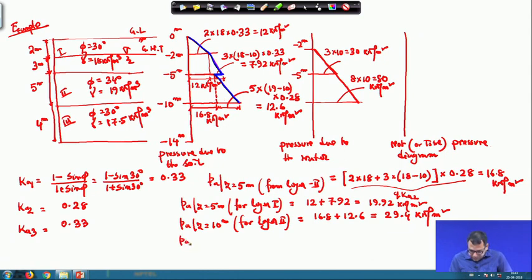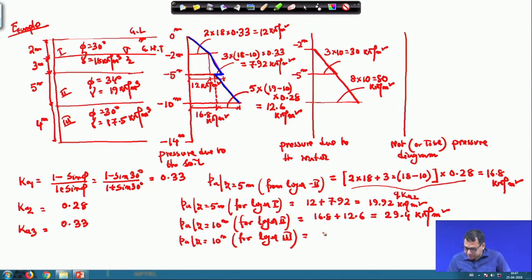So, P A at z equal to 10 meter, this is for layer 3. Because it is the interface between two layers, we have to check it for both the layers at that depth. Here the total overburden pressure will act as a surcharge on layer 3.